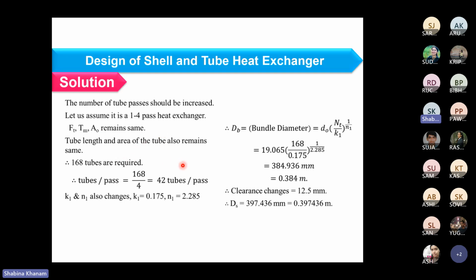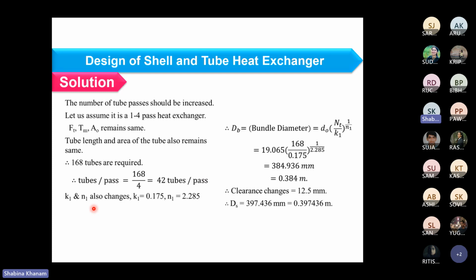Tube length and area of the tube also remain the same, because 12 feet we have fixed. If you recall, we have considered 166 tubes, but if you divide 166 by 4, it will not be a whole number. So we need to increase the number of tubes so that it is completely divisible by 4. Instead of 166, we will consider 168, so 42 tubes per pass.